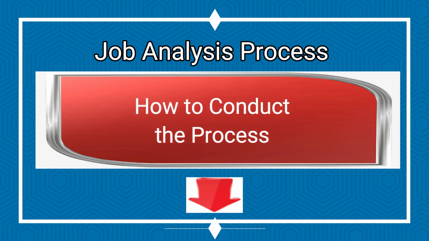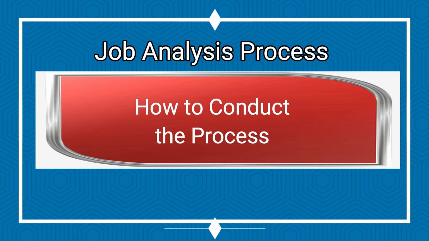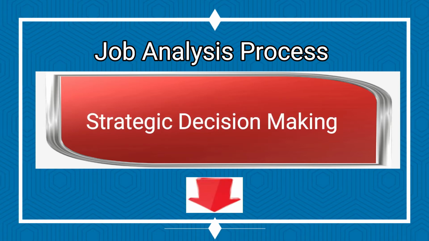How to conduct the process. Deciding the way in which the job analysis process needs to be conducted is surely the next step. A planned approach about how to carry out the whole process is required in order to investigate a specific job. Strategic decision making. Now is the time to make strategic decisions.